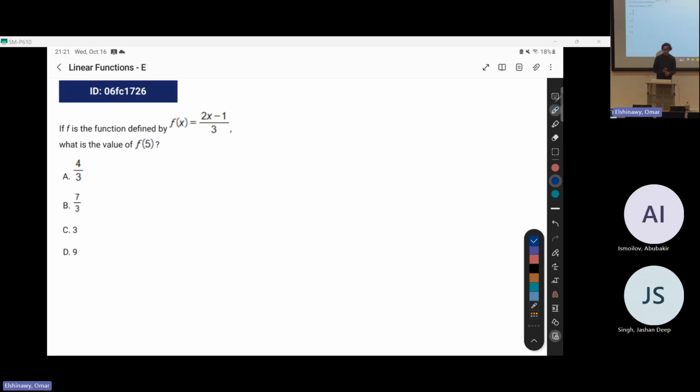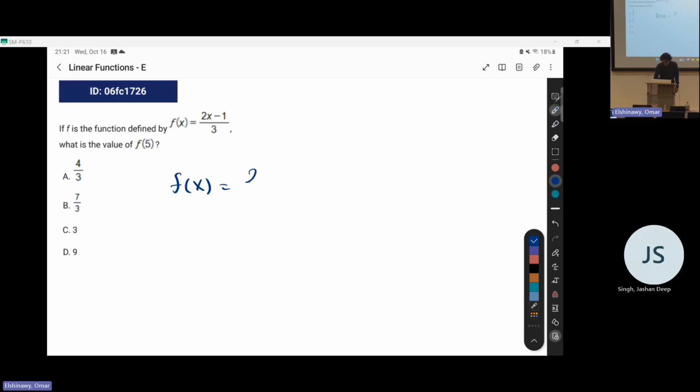Now we've talked about how a function is something which you give an input and it gives you an output. Now, if I have f of x equal to 2x minus 1 divided by 3, then the way I would do this is I would remove x and plug in 5.